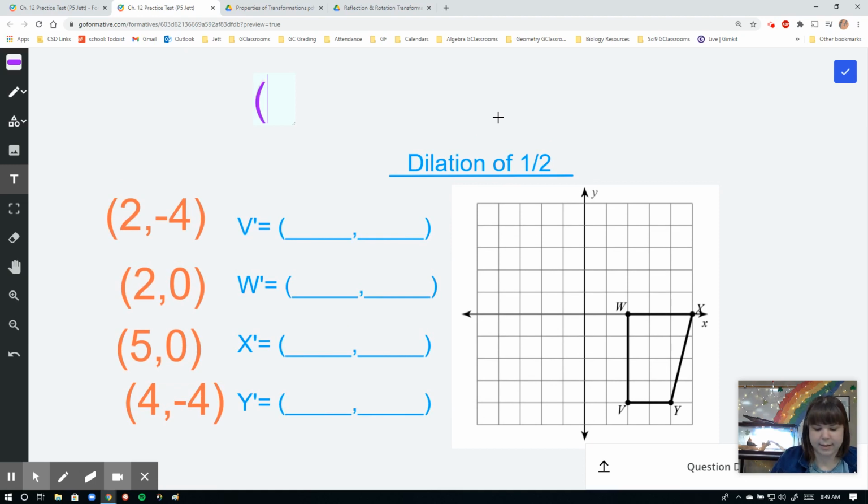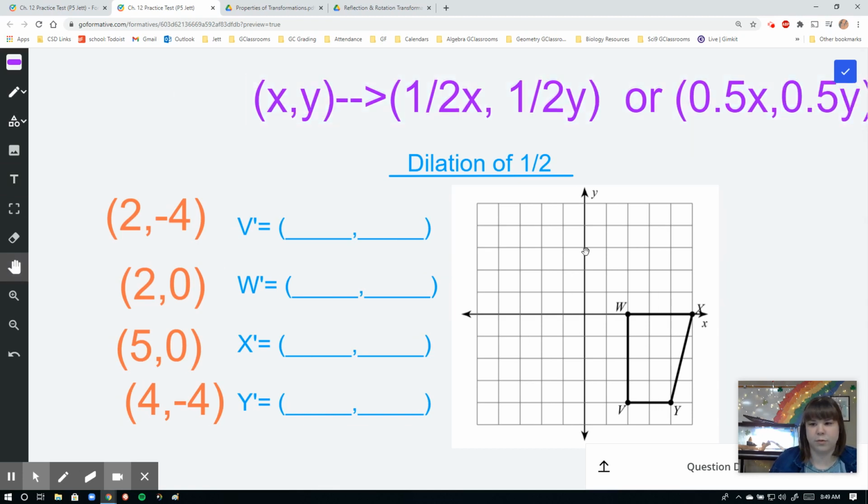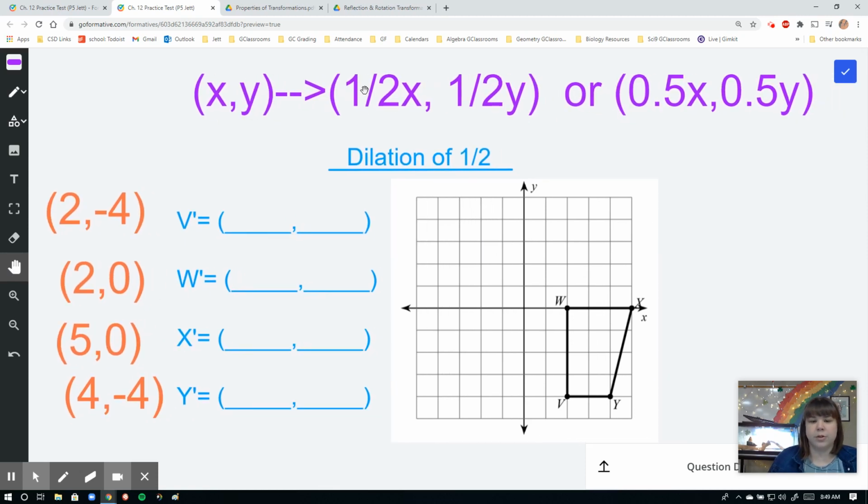So we need to take X and Y, and we need to change it so that it's 1/2 times X, and then 1/2 times Y. Or you could also write it like this, 0.5, so a decimal, and then 0.5 for Y. So you could either use the fraction way or you can write it out as a decimal, but we need to cut our x values in half and cut our y values in half.